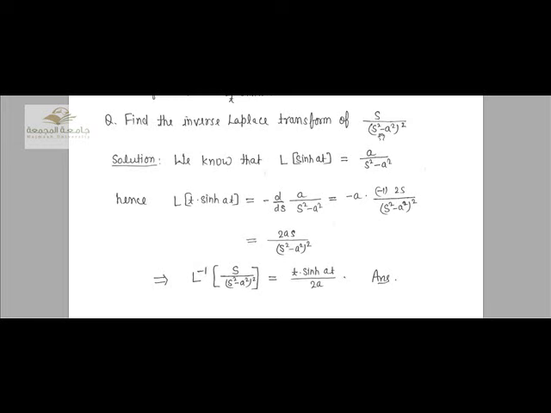This is equal to -a(-1)(2s)/(s^2-a^2)^2, which is equal to 2as/(s^2-a^2)^2. This implies L inverse of s/(s^2-a^2)^2 is equal to t sinh at/(2a).